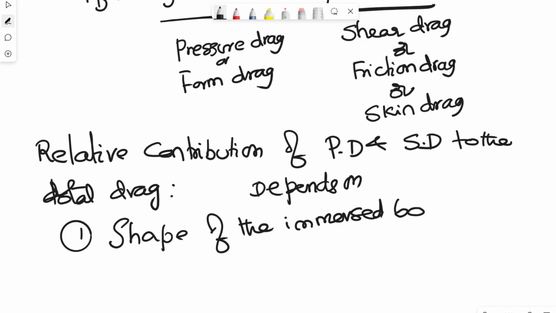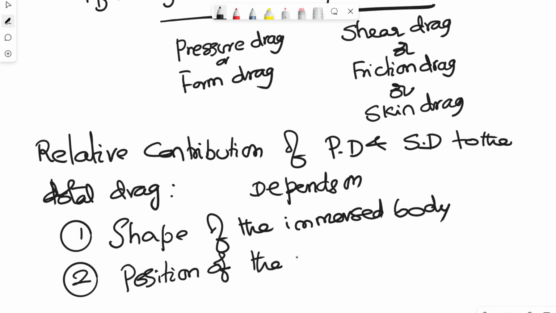Number two, the position of the immersed body.